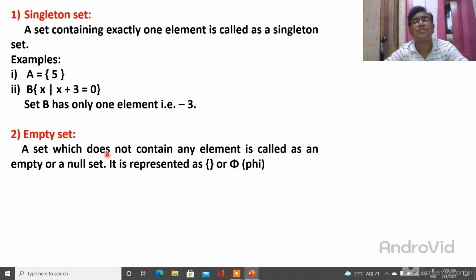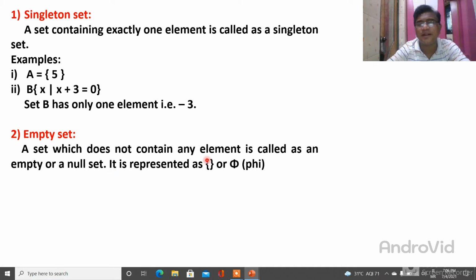A set which does not contain any element is called the null set or empty set.